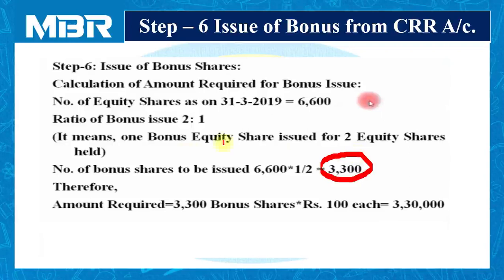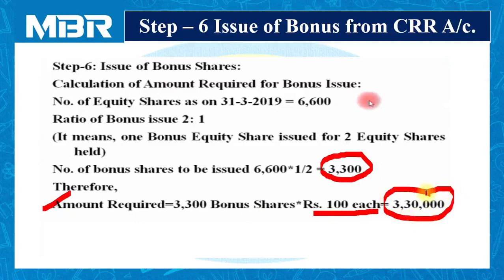For the purpose of bonus equity shares, we need rupees 100 each. Rupees 100 is the face value of the equity share. So 3,300 bonus shares multiplied by 100 is equal to 3,30,000.